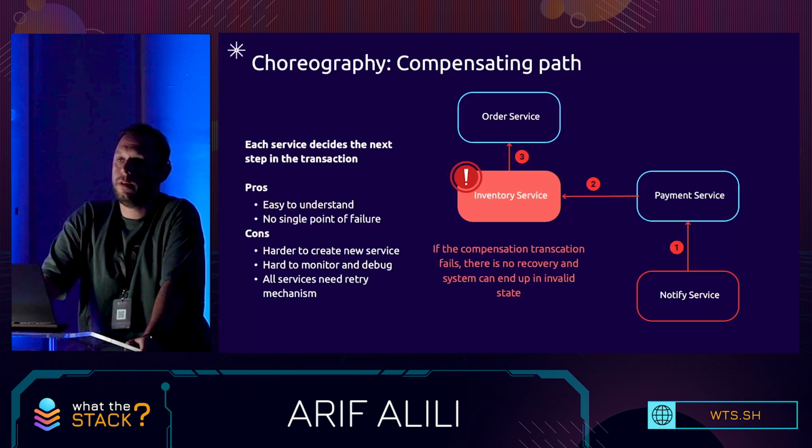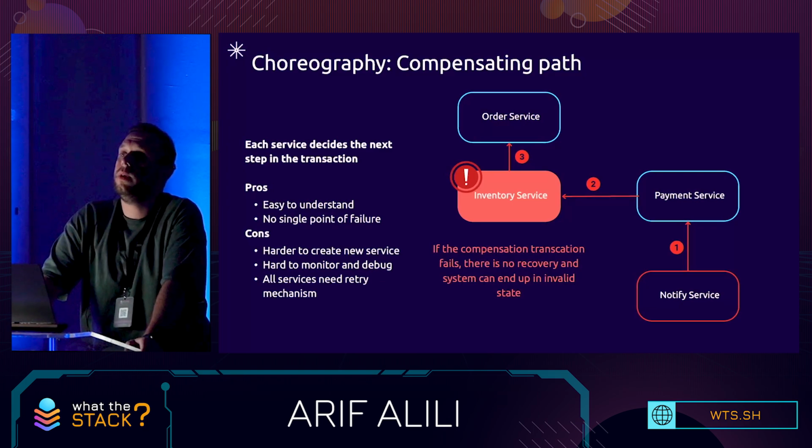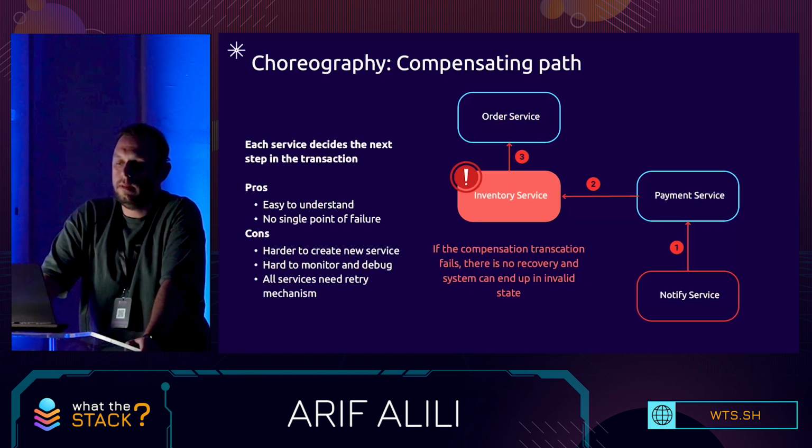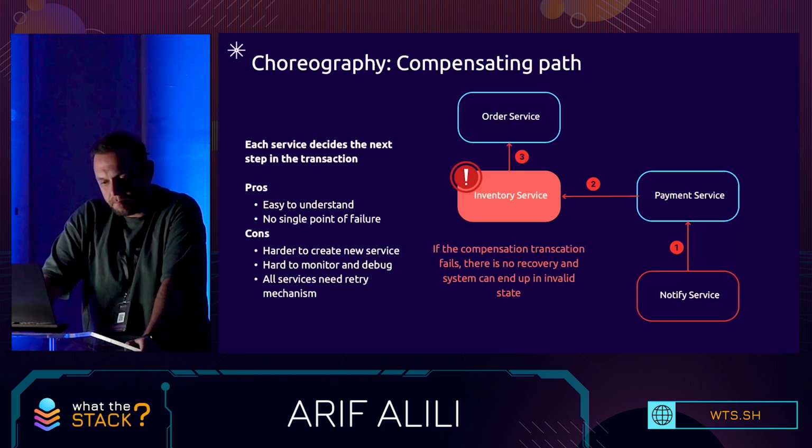Then we will have inconsistent data again, because even if we have a retry mechanism, we'll retry once, twice, a third time, and we cannot retry forever. So in this case, we can end up again with an invalid state in our system.